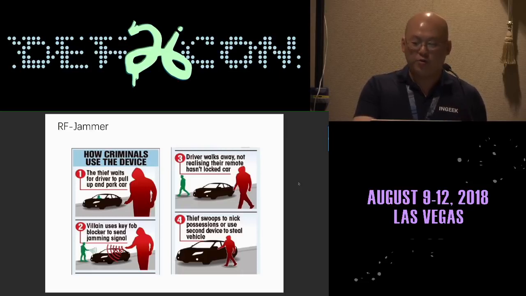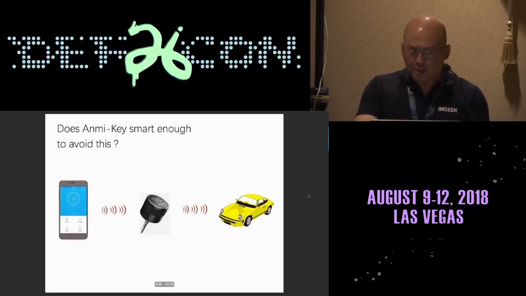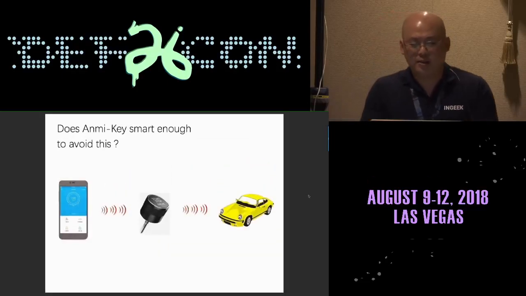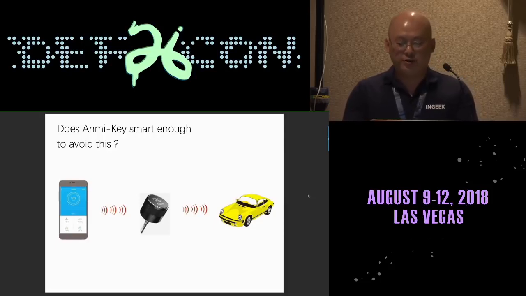When the owner walks away, they can just open your car and take whatever they want. So this is a very simple process. And my question is, is AmiKey smart enough to avoid this kind of attack, right?